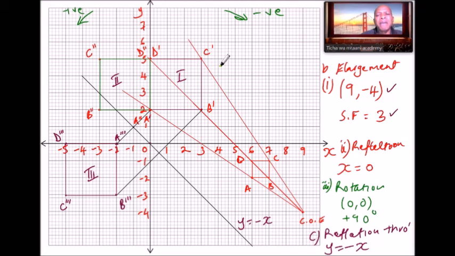However, if you are not able to do that, since we are rotating, you draw a line from the object to the center of rotation, measure the angle of rotation, which is 90. You still get the position of A. Repeat with all the other points and you'll be able to get the image.